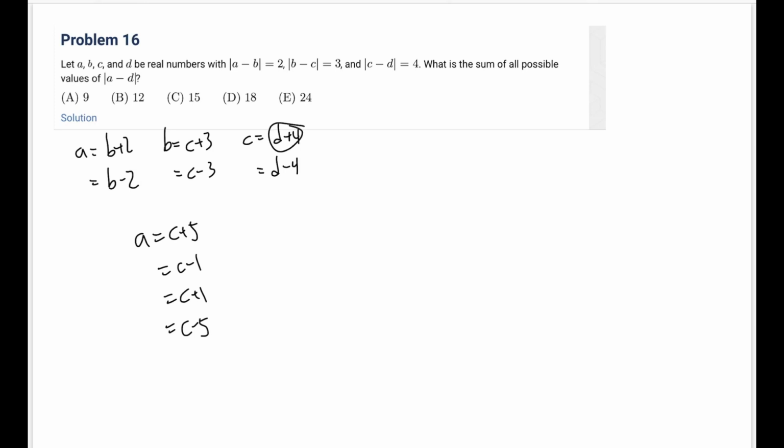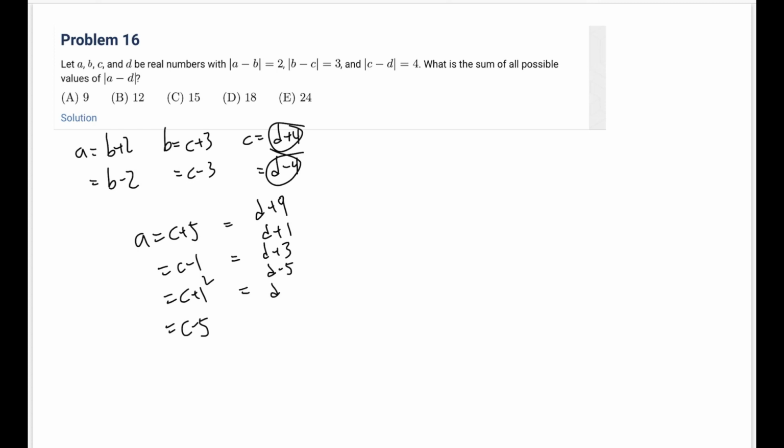And then, putting these two into each of these in turn, we will be able to see that if this is put in here, then this is D plus 9 or D plus 1, and then this is D plus 3 or D minus 5.